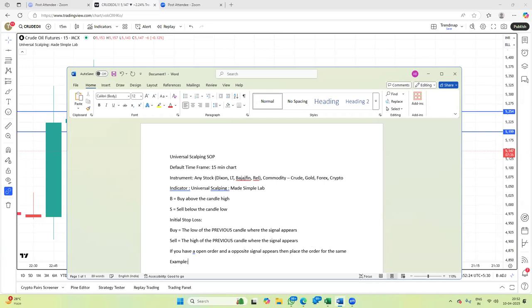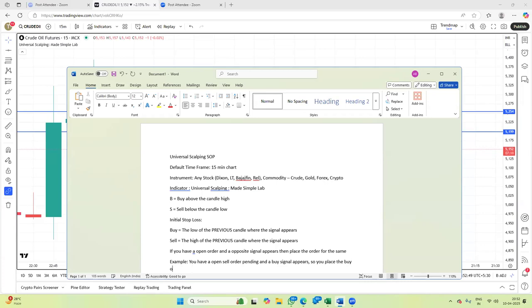Example, you have an open sell order pending and a buy signal appears. So you place the buy order too.